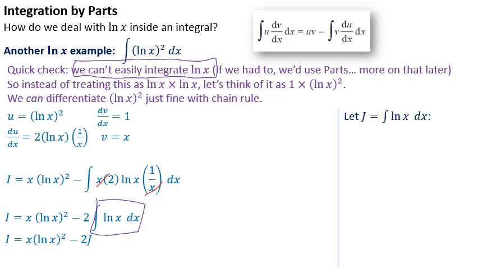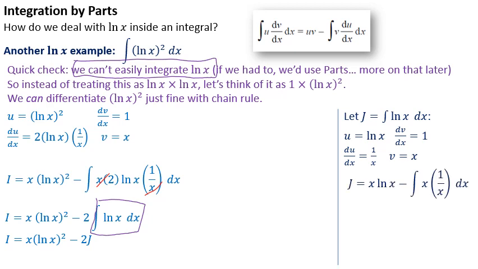So if j is the integral of ln x, and we've decided that we're going to think of it as 1 times ln x, then we're going to make ln x the thing we differentiate. We're going to make 1 the thing we integrate. And when we apply the integration by parts formula, we end up with this: uv minus the integral of v du by dx.